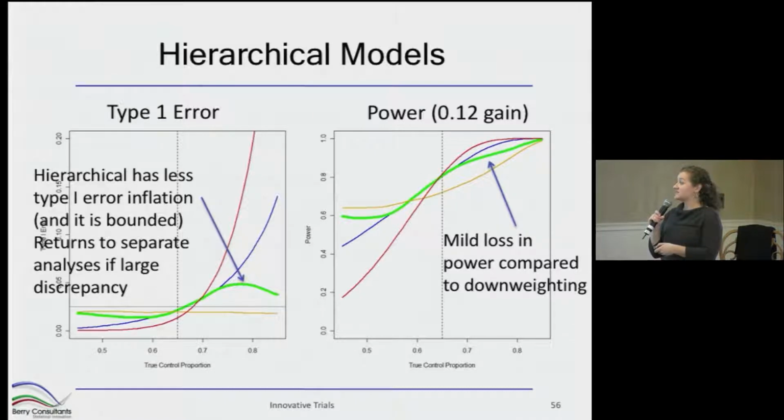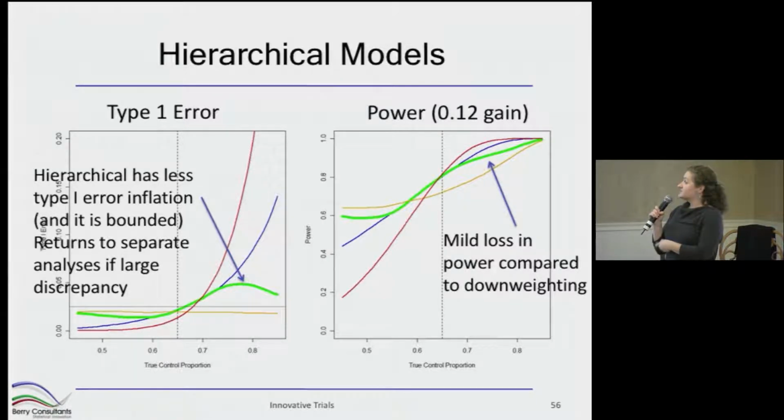What we see is as the truth starts to differ from that historical data, we do start to see some type 1 error inflation. But importantly, that inflation is bounded, and it eventually starts to go down. The model starts to recognize, as you get way out here so far away from your true parameter, hey, these two things don't look the same. It starts to downweight that historical data, and your type 1 error rate starts to come down.